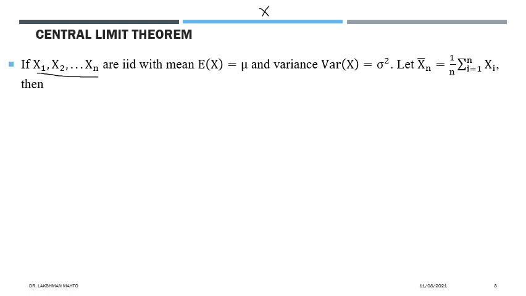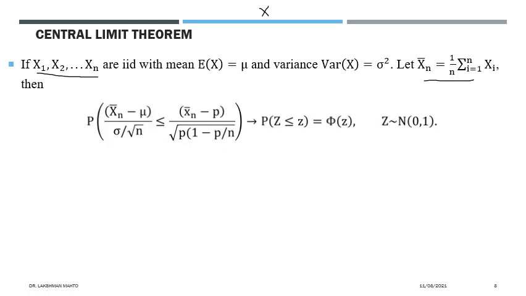In order to know the distribution, we don't worry about finding the actual distribution of X. Instead, we will try to find the distribution of the sample mean. So we define a sample mean from these observations; X n bar is the sample mean. When we standardize the sample mean with mu and sigma, we call it the standardized sample mean.